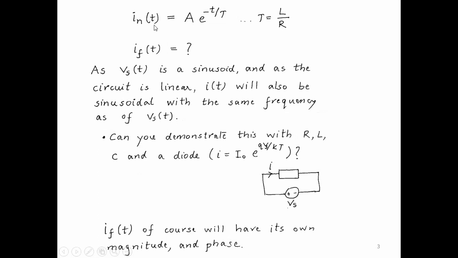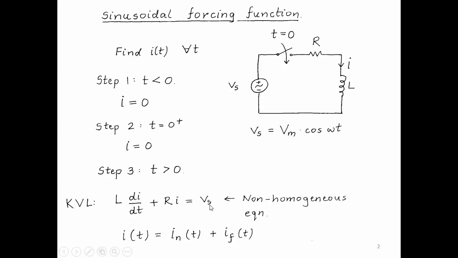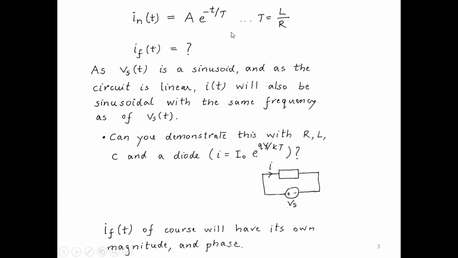Now the homogeneous part we've solved before. If the right-hand side is 0, that means if the voltage source is shorted, then we have just an RL circuit, and the solution of that is simply a first order exponential. So we know the form of the natural response is A e raised to minus t by tau, where tau is L by R and A is some constant.